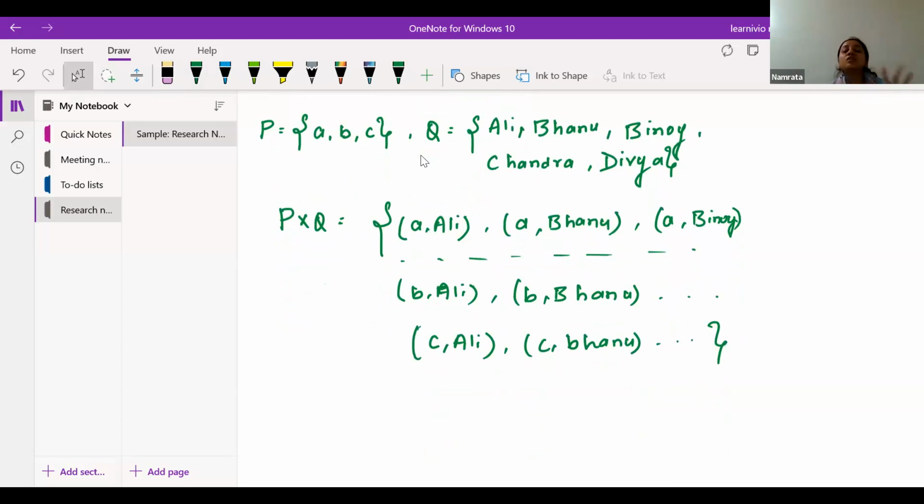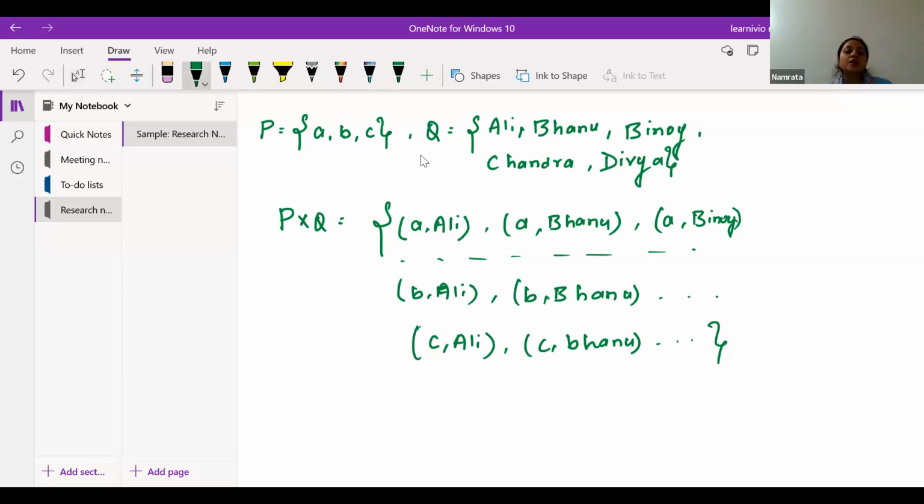Today we will be discussing the relation. So whenever we talk about a relation, it will be a subset of these ordered pairs. Now, what's the meaning of subset? We have already discussed the concept of subset in the chapter on sets. So it will contain a few elements or maybe all the elements from this Cartesian product.